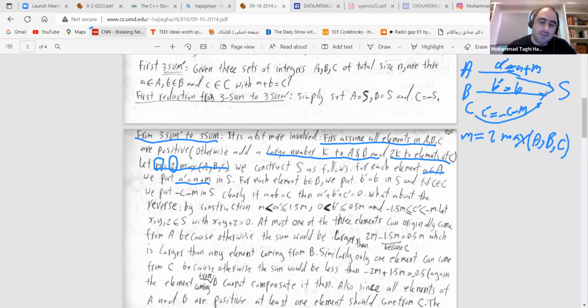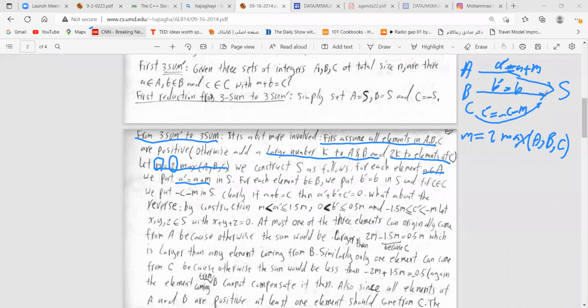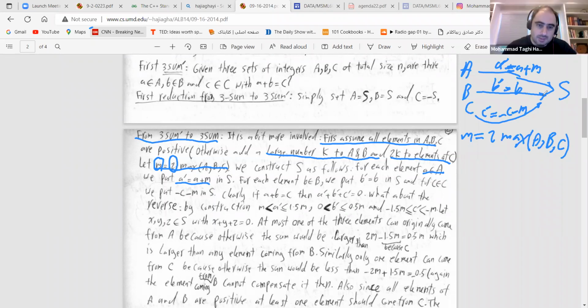So how many elements do we have in S? Okay. In 3-sum prime, we have 3 sets of integers A, B, and C of total size N. So N is the size of each of them? Yes, the size of each of them. Okay, thanks. So in that case, what would be the size of S?